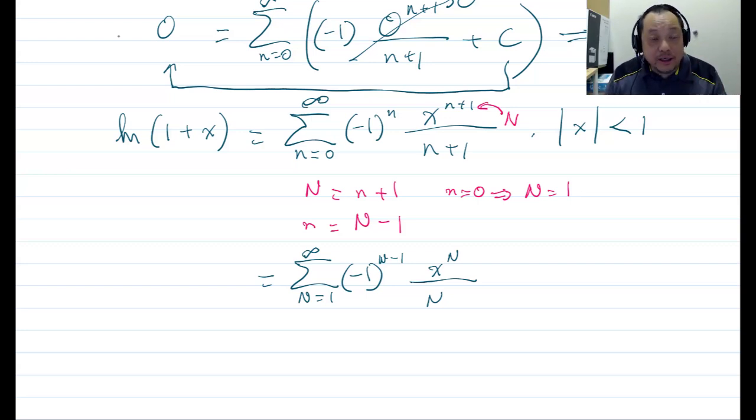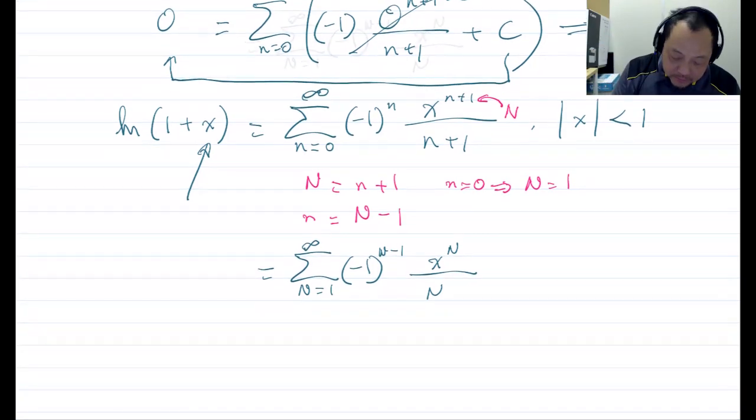But capital N is just a dummy variable. It's just the index of the series. X is the variable in this function, so it's an actual variable. N is just what we call a dummy variable. It's there so we can count from 1 to infinity. It doesn't have to be n. It could be k, j, or little n. So since it's a dummy variable, we can rename it again as little n.